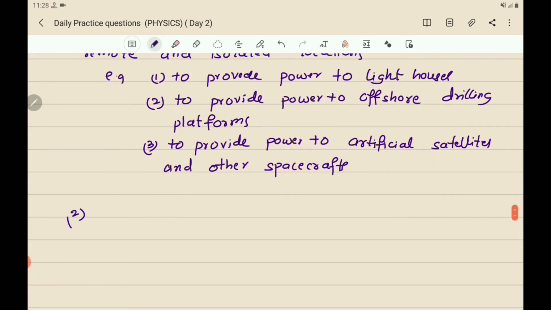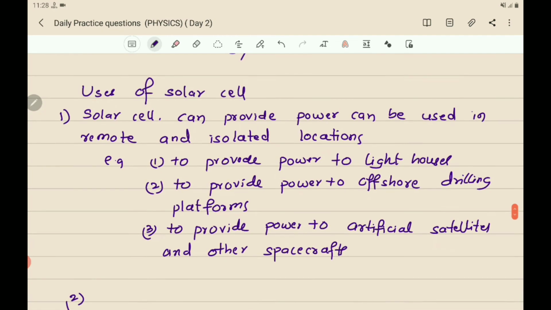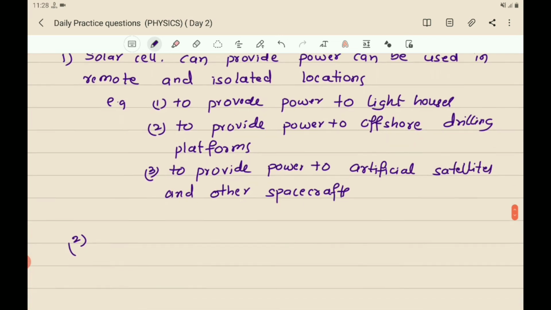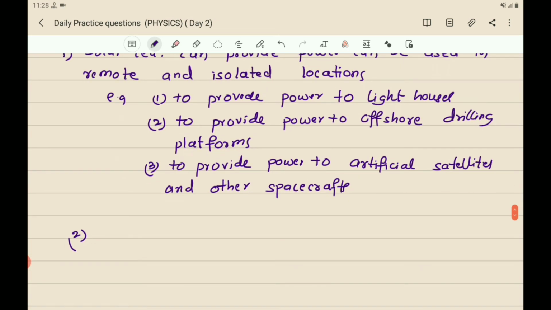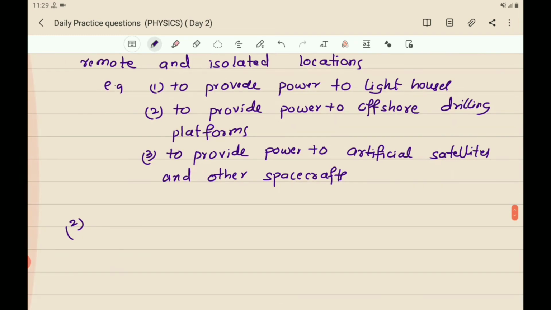And one more thing, here solar cells do not consume any fuel to generate electricity, but instead convert sunlight directly into electricity. So it is right.